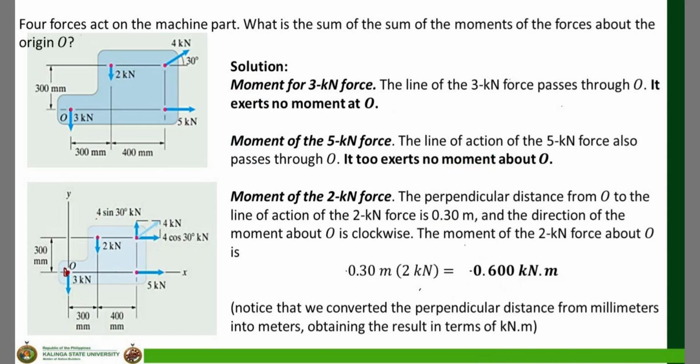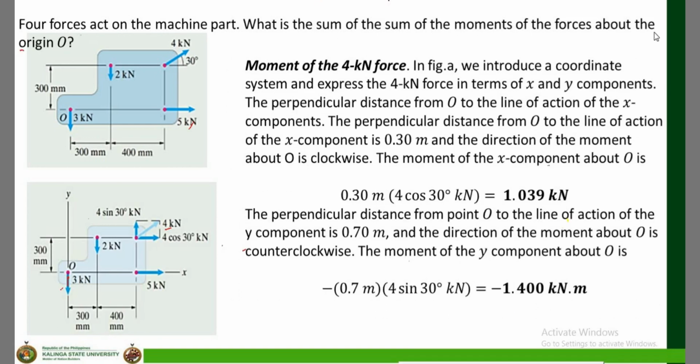Lastly, we need the moment of the 4 kilonewtons. From this diagram, as you can see, we have two components of the 4 kilonewtons, Fx and Fy. Let's solve the Fx first. The direction of Fx is to the right.